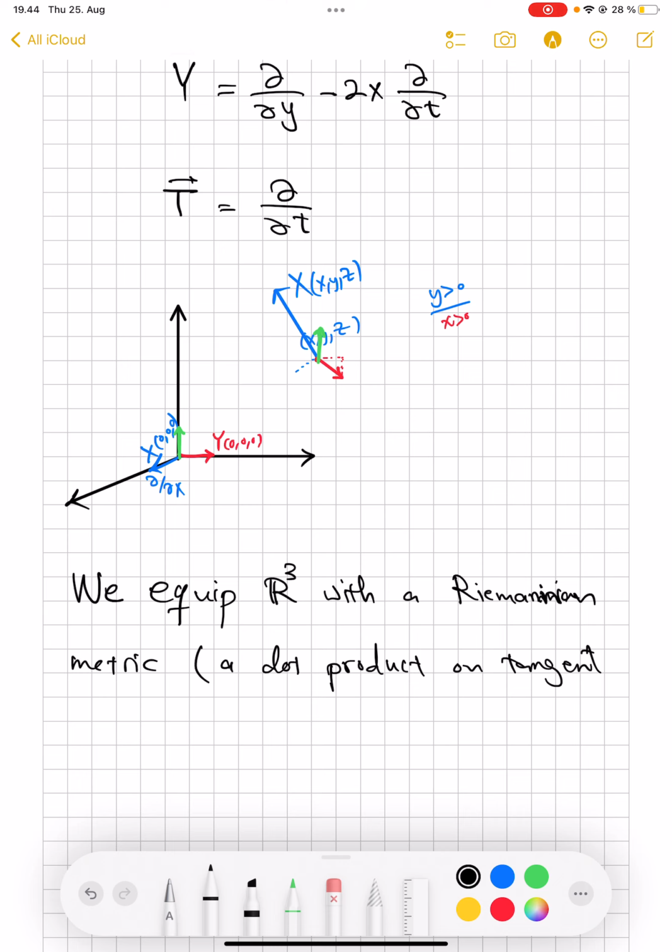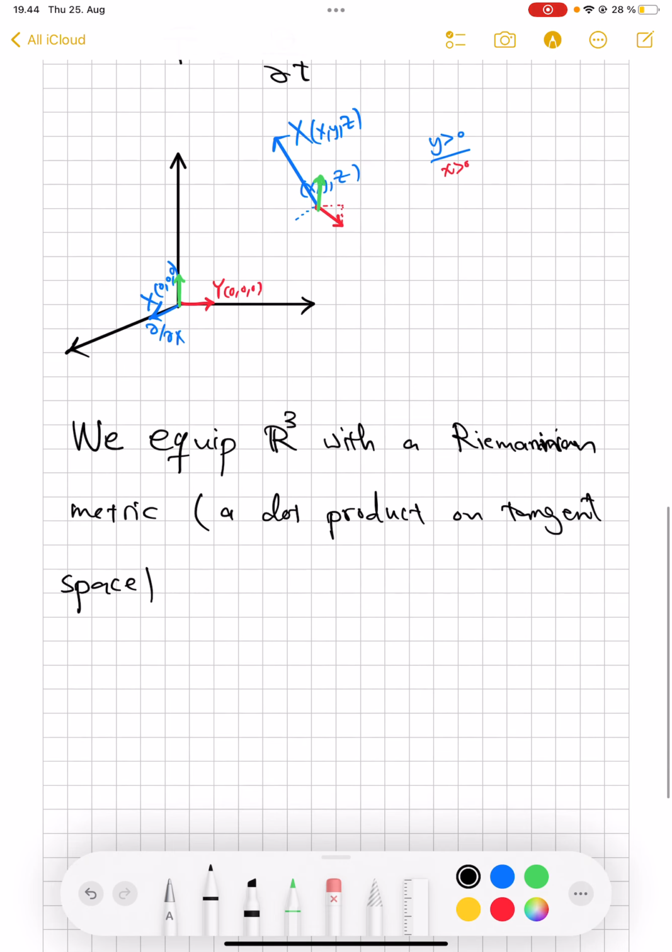So a Riemannian metric is a rule to tell us how to dot product two vectors from the same tangent space. So if you are at this base point and if you pick two vectors, how do you dot product them?